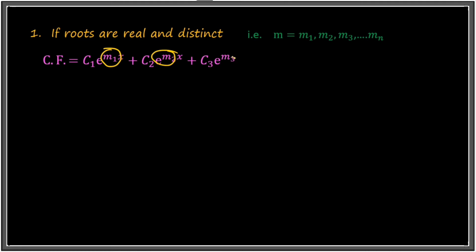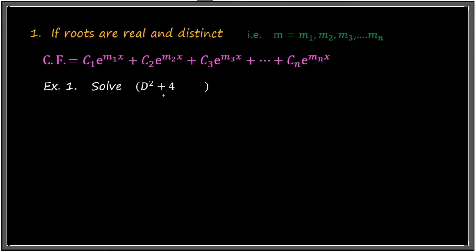And c3 e raised to power m3x, that is the third root, and so on up to cn e raised to power mnx. So the example here is solve (D square plus 4D plus 3) y equals 0.